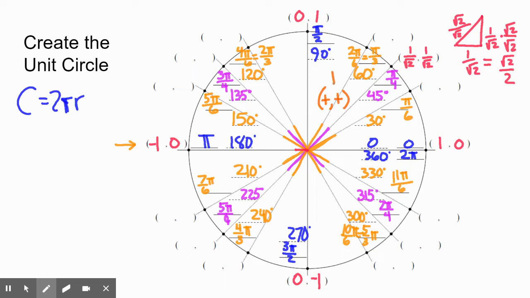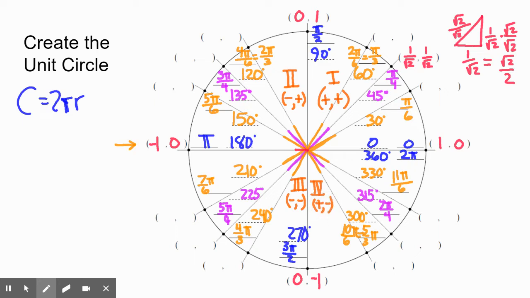This is quadrant 1. In quadrant 2, the x-coordinate over here is always going to be minus, and the y-coordinate is always going to be plus. In quadrant 3, down here, the x and the y-coordinates are both going to be negative, always. And in quadrant 4, the x-coordinate is always going to be plus, and the y-coordinate is always going to be minus.